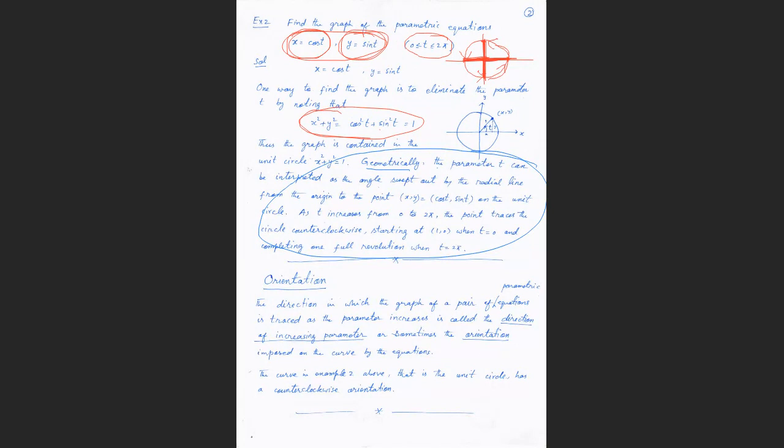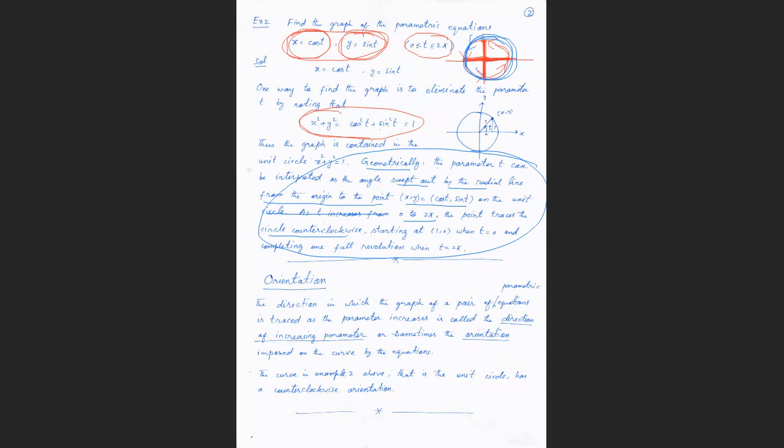So t is the angle swept by the radial line from the origin. These are the parametric equations of the unit circle. From 0 to 2 pi the trace of the circle is counterclockwise, in this direction.